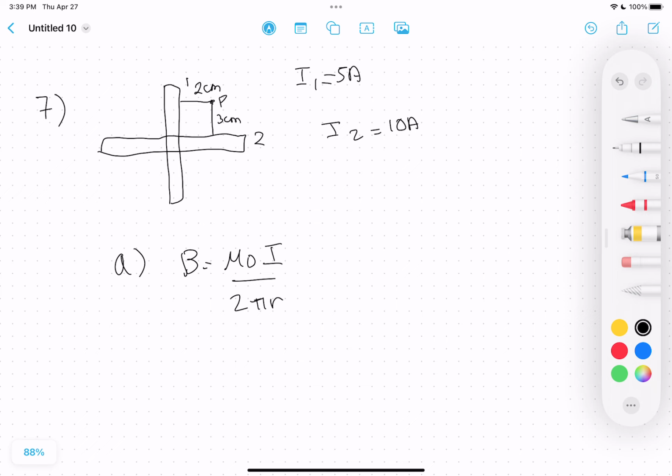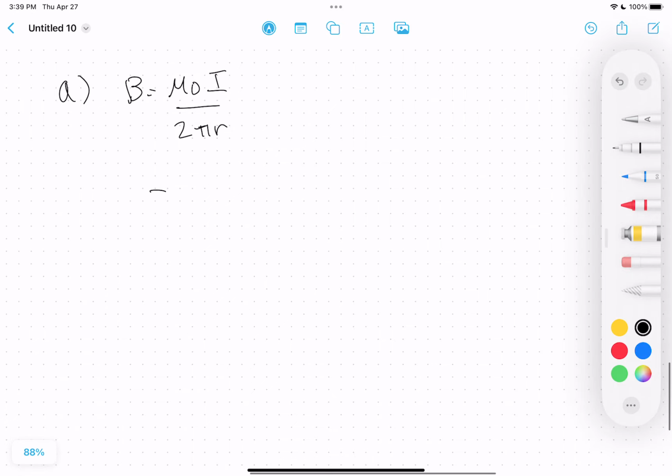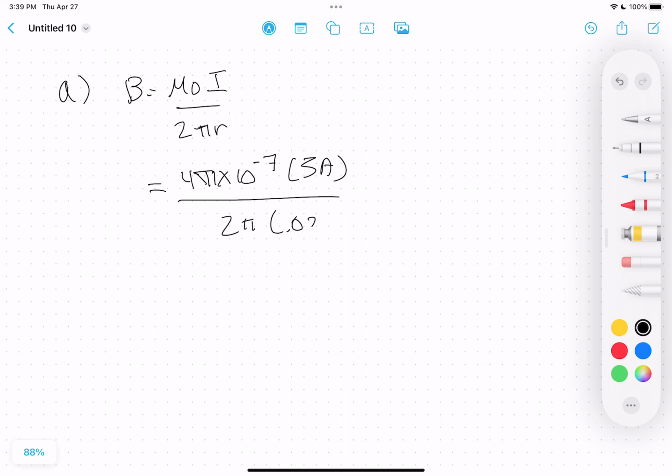So our radius is 2 centimeters. Remember, we have to have things in SI units, so instead of 2 centimeters, you have 0.02 meters. And we have our permeability constant as well, 4 pi times 10 to the negative 7, multiplied by your current for that first one, 5 amps, and then divided by 2 pi times the radius, which is 0.02 meters, my bad.